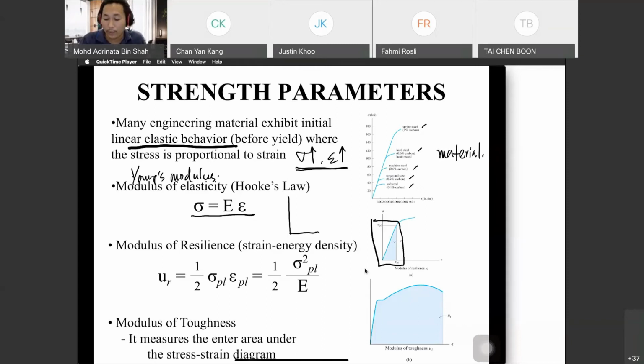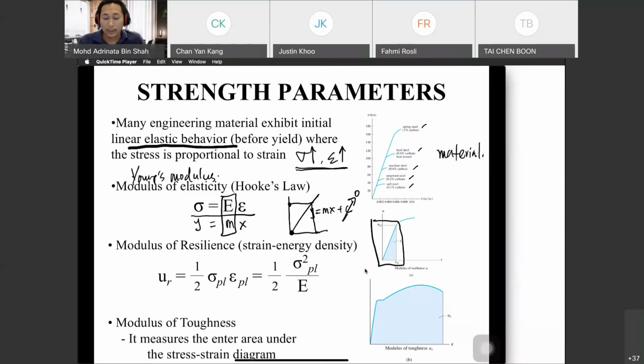If we have a line, y equals mx plus c, where c is 0. So we have y equals mx. Y is stress, x is strain. So m is the modulus of elasticity.